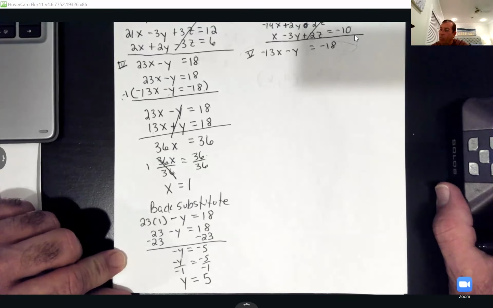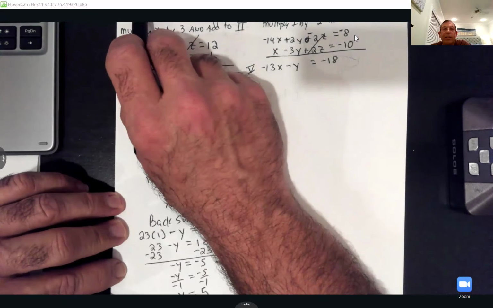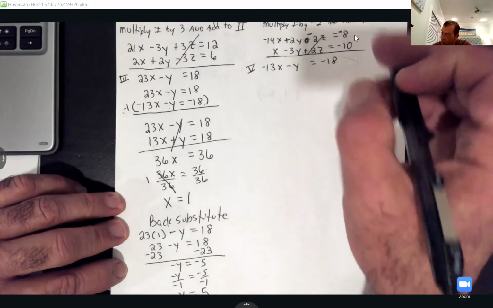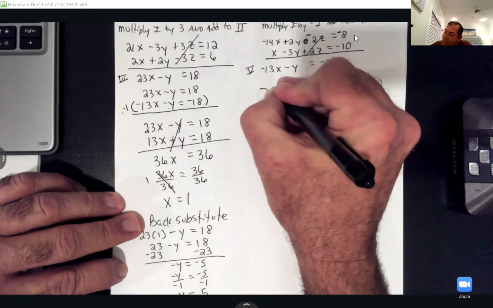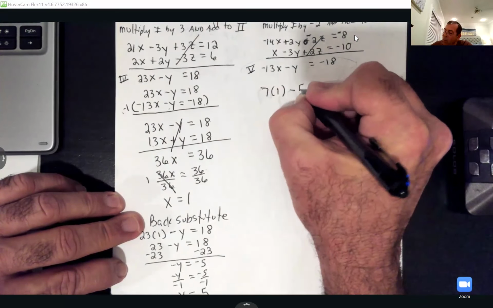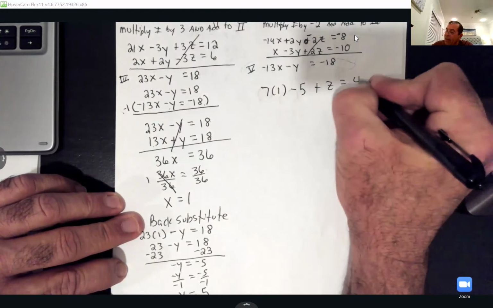So I'm going to use one of my original equations. And I'm going to use my first one. It said 7x minus y plus z equals 4. I got 7 times x, which is 1, minus y, which is 5, plus a z has to equal 4.